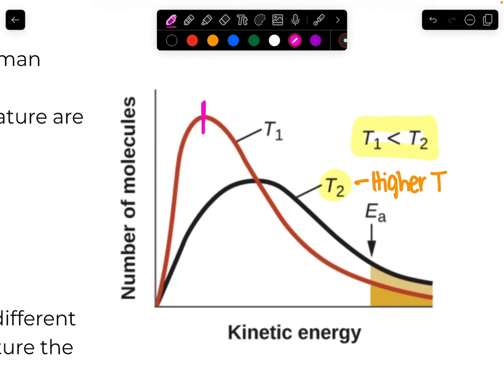So that's where most molecules will hang out, at these points here on our curves. In order for us to think about whether a reaction is going to happen, we need to know about the orientation and the energy of those particle collisions. Particles have to collide with enough energy to get over that activation energy barrier, and that happens to be at this point on the curve.